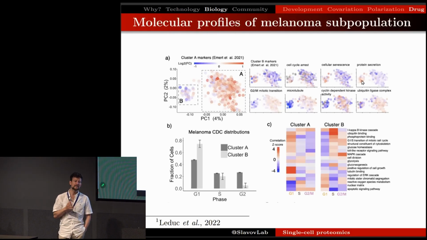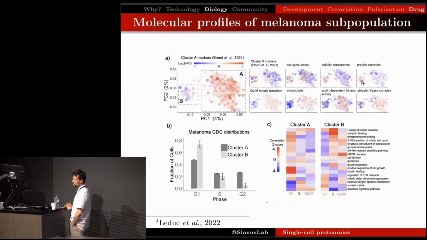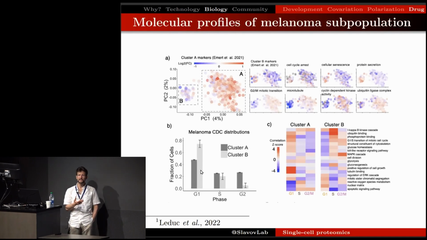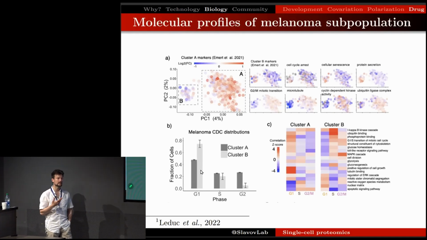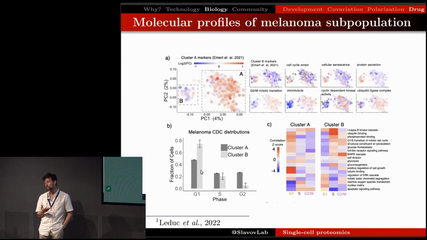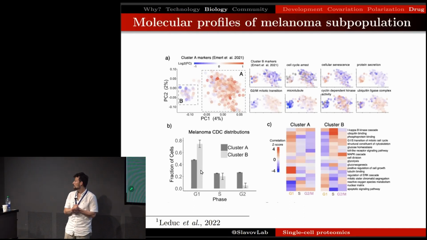Of course, the data set has to be deep enough and accurate enough to do that. In this case, Andrew was able to infer the fraction of cells in the phases of the cell division cycle, and that indicated that the cells in the primed cluster, cluster B, have high probability to be in G1 phase, which is consistent with those cells being less proliferative.